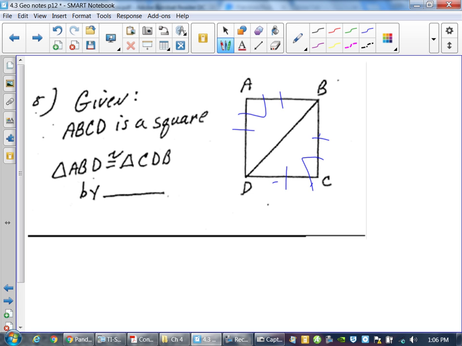You have side angle side right away, or you might have recognized you had a reflexive, you would have had side, side, side. Or you would have had a reflexive in a leg, you would have had hypotenuse leg. Or if you knew about triangles or squares, you would know the angles are bisected. There's a whole bunch of stuff here. I won't give you a proof that just says, hey, this is a square. Too much work.